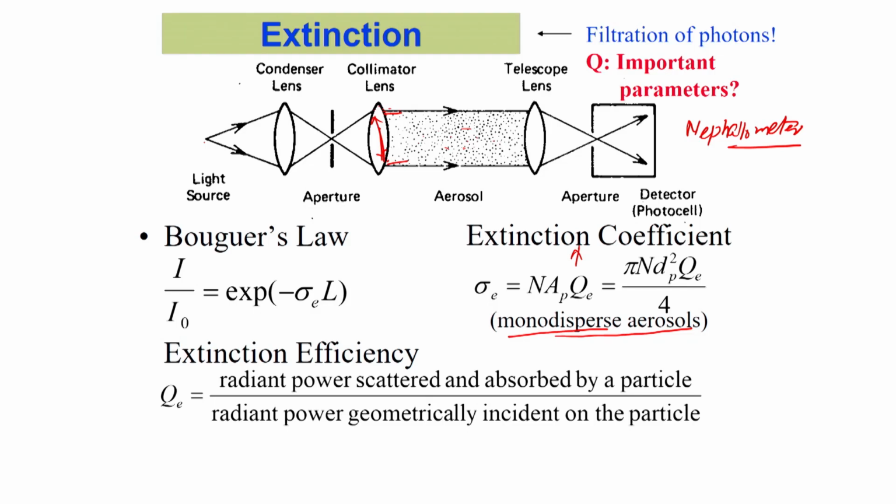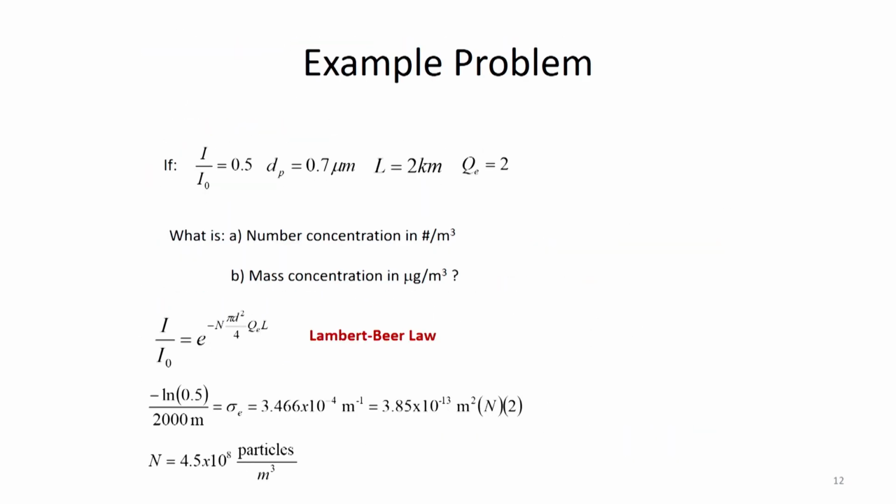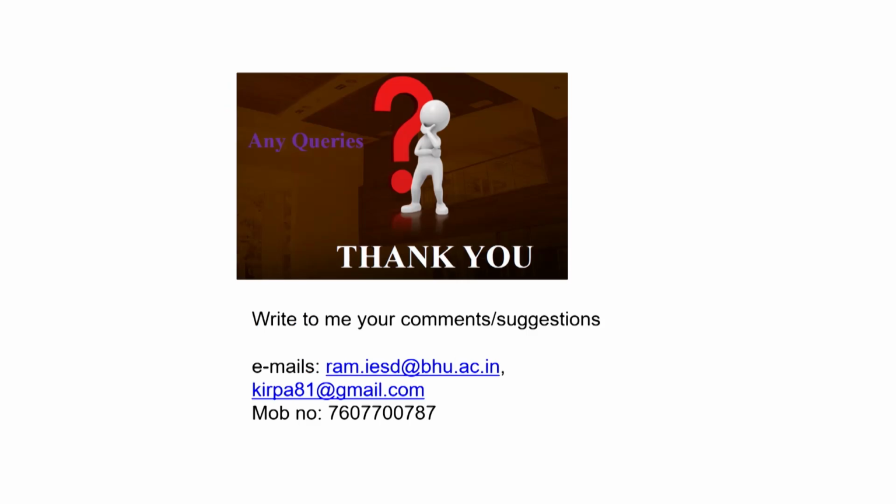I think this needs a separate discussion, because if I start it, it will need another 5 to 10 minutes. So I will start this discussion in the next lecture, and I will stop here.